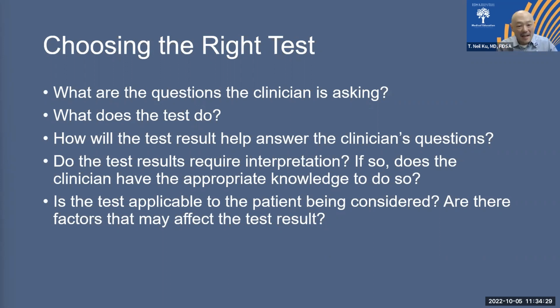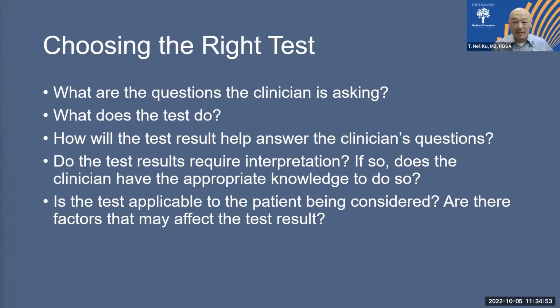That's another thing many clinicians don't readily do, because they take results at face value, and that's where they start making decisions that may be inconsistent with what the patient actually has.